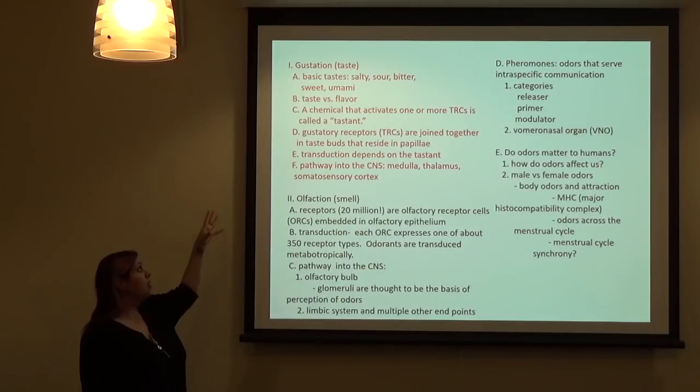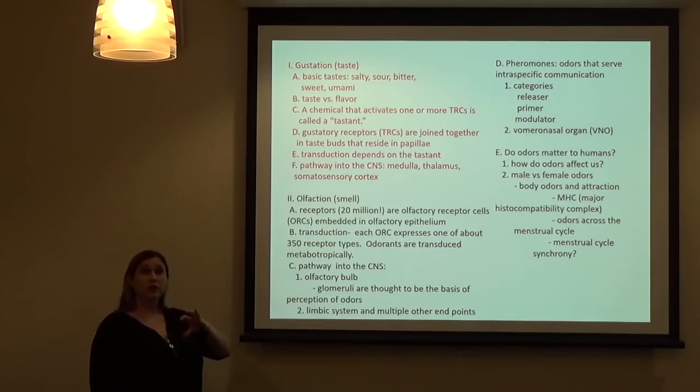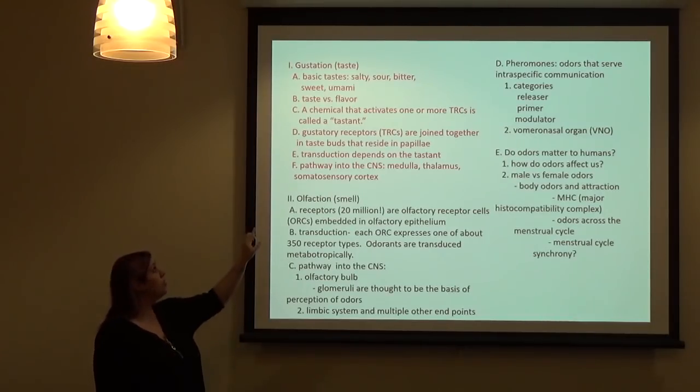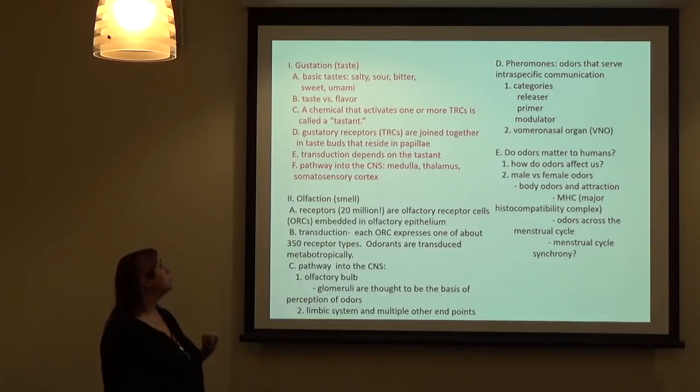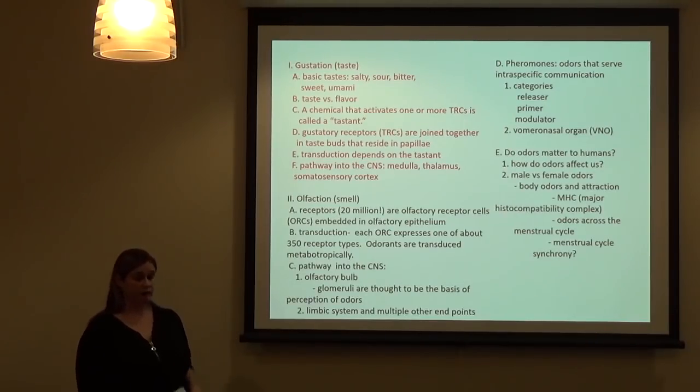And then I'm going to talk about how a taste bud is structured and how the little bumps on your tongue called papillae are structured. And then I'm going to talk about the transduction process itself very briefly, and then the pathways in the brain.